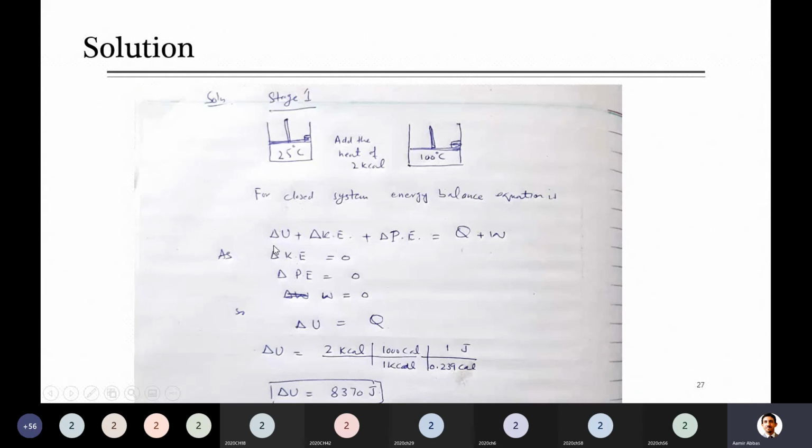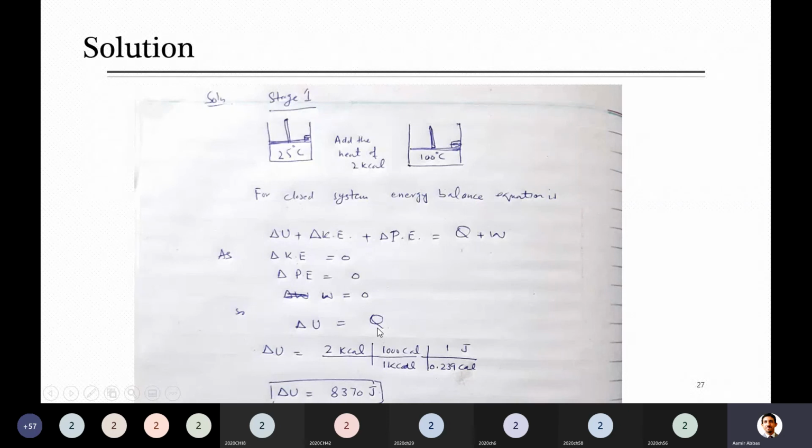But what is changing is internal energy, because internal energy is a function of temperature and volume. Although volume remains the same here, there is a change in temperature, because temperature increased from 25 to 100 degrees C. So this energy, which is heat getting into the system, is stored in the gas in the form of an increase in its temperature. So due to this reason, we considered that delta U is equal to Q.